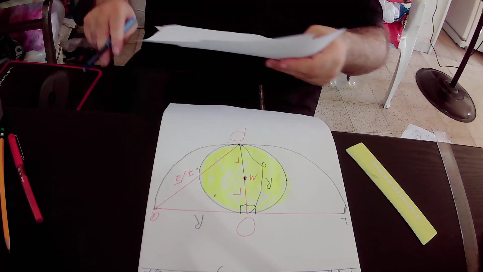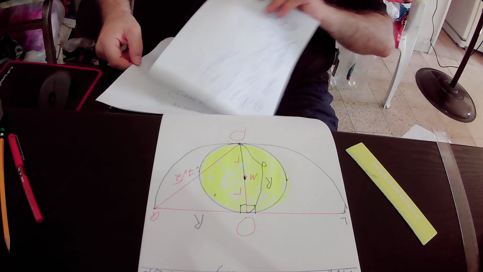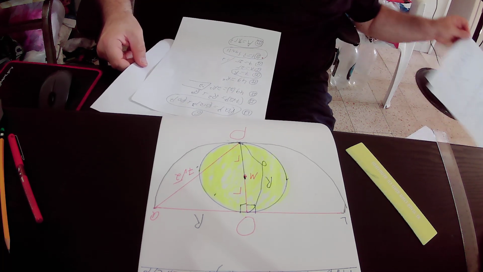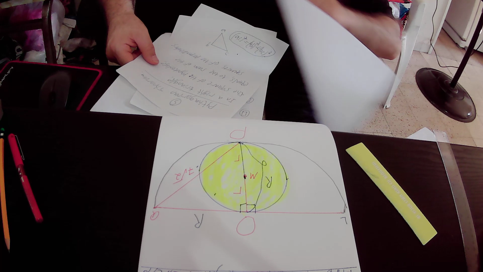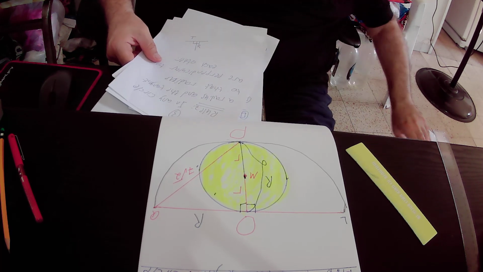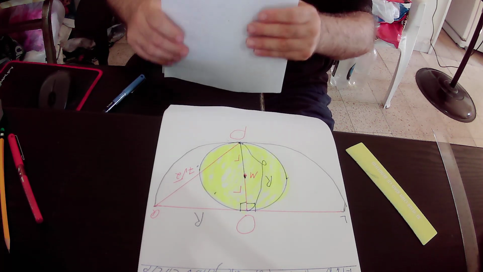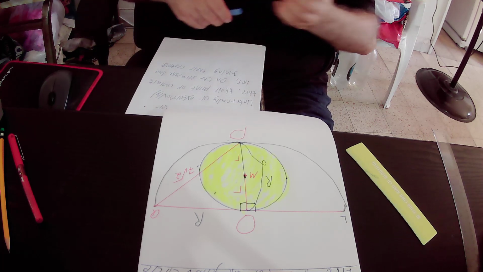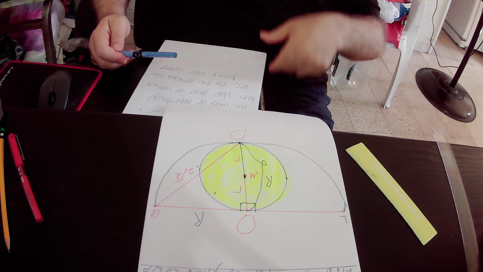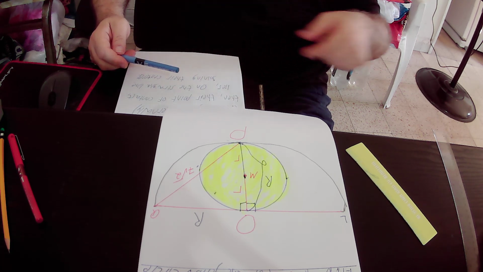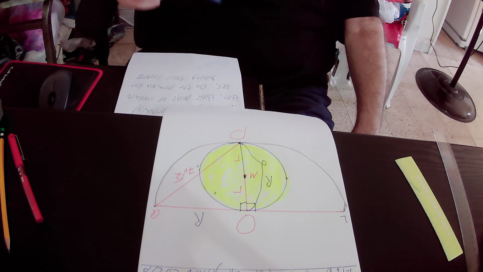Okay, now I will summarize the lecture. We wanted to find out the area of the yellow circle, and we know that the formula for the area of any circle equals pi times the radius squared.